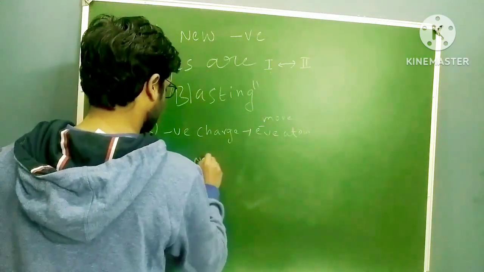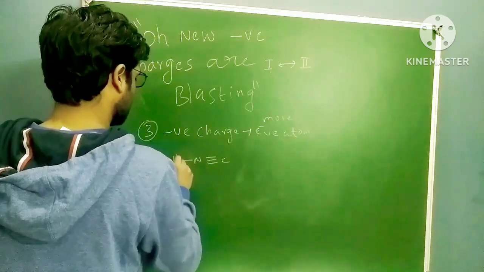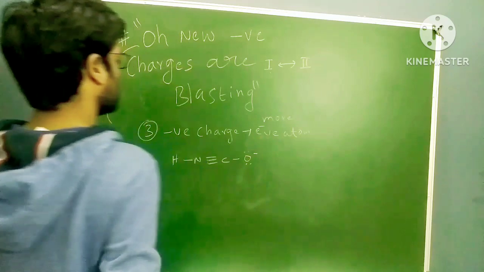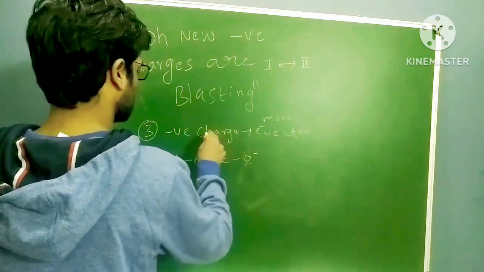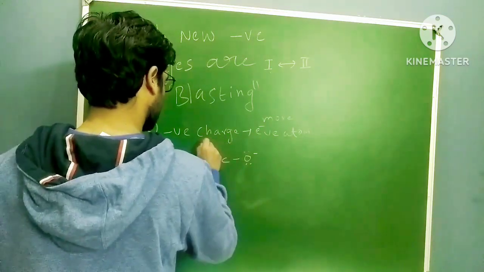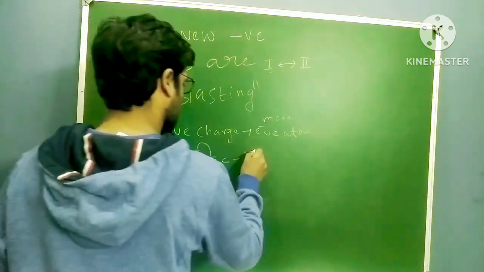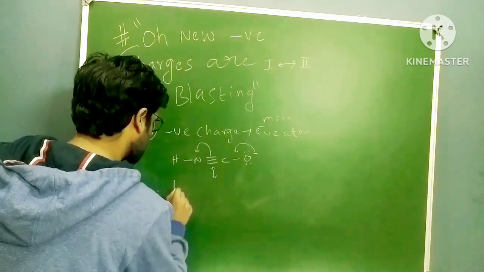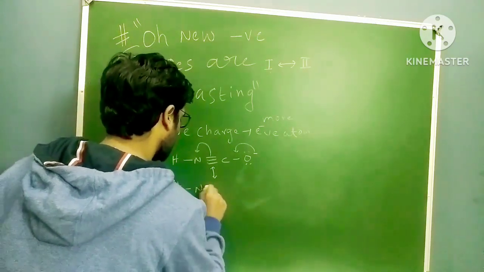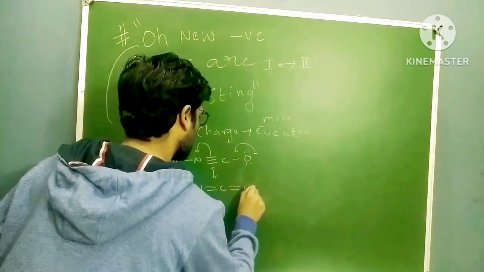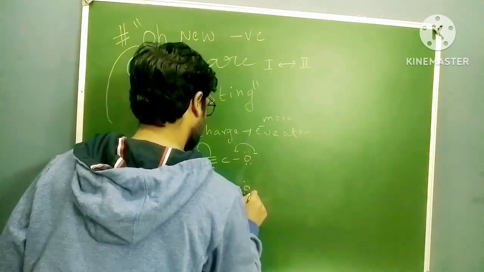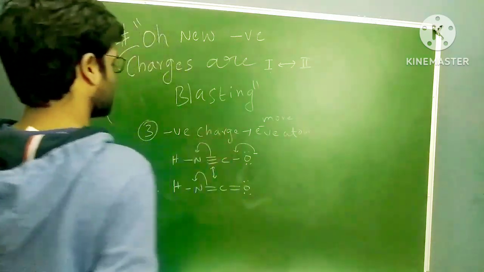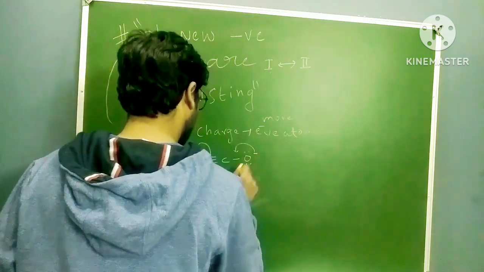C triple bond N, here H, here O minus. Now I am drawing resonating structures for this. For the first resonating structure, I move this bond here and this minus will move here. So the first structure I get is N double bond C double bond O. For the next one, this lone pair will come to this.